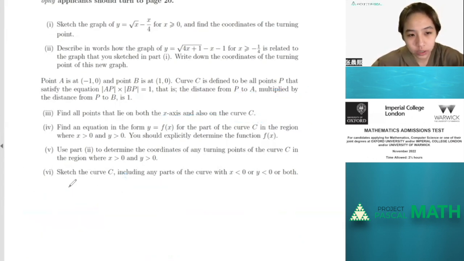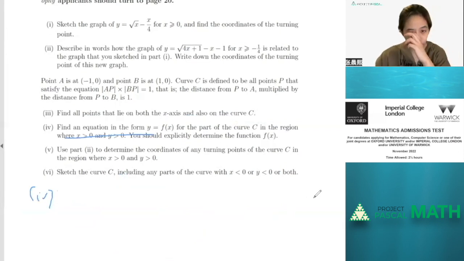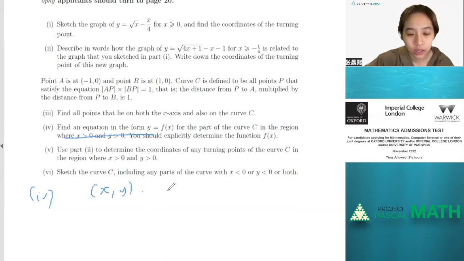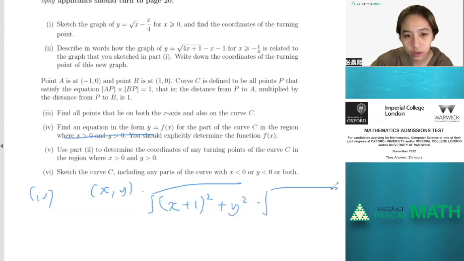Okay, so now find an equation. If you consider a point x, y, it gives you root of x plus 1 squared plus y squared times root of x minus 1 squared plus y squared equals 1.